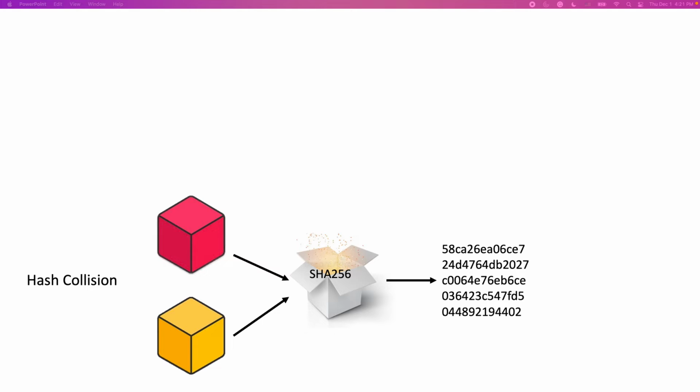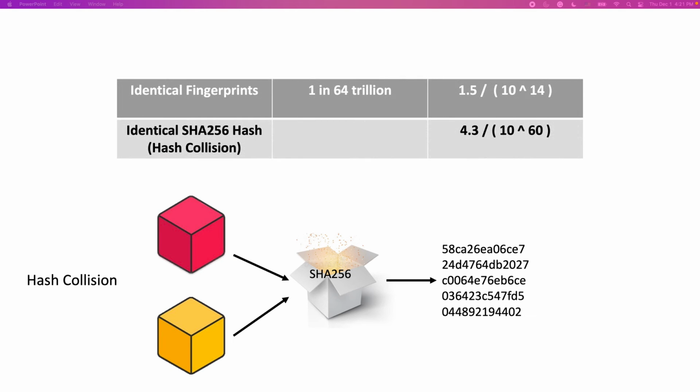We have 8 billion people on Earth, but there are no identical fingerprints yet, not even one. That's because the chance of identical fingerprints is 1 in 64 trillion, which is 1.5 in 10 to the power of 14, an extremely small probability. But the chance of a hash collision happening in SHA256 is much smaller than the chance of identical fingerprints.